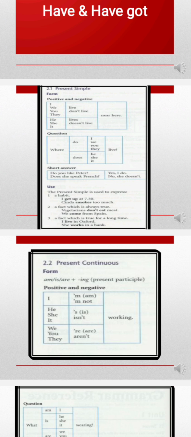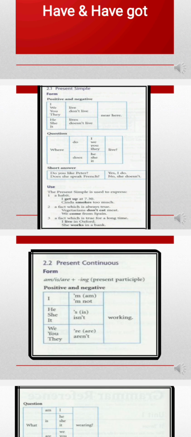Use. The present simple is used to express number 1, a habit. For example, I get up at 7:30.